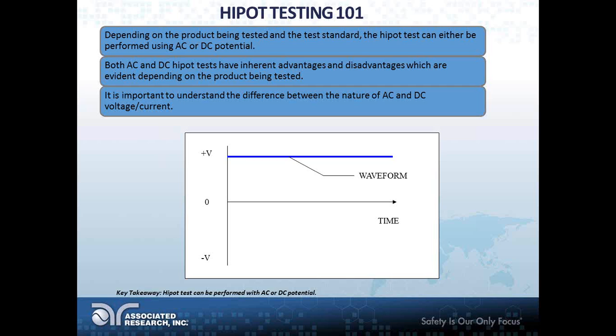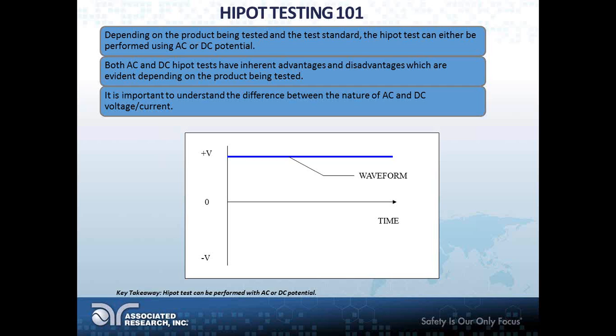So let's get back to our Hipot test. Let's see the difference between AC and DC Hipot tests. Manufacturers may or may not be required to perform a specific type of Hipot test depending upon the product being tested and the standard to which it is being tested.